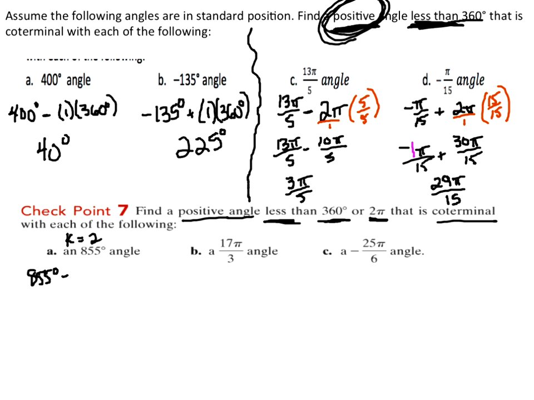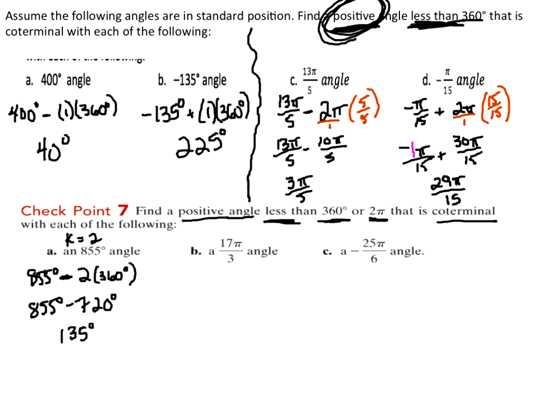So 855 degrees minus 2 times 360 degrees. That's 855 degrees minus 720 degrees, which gives me 135 degrees.